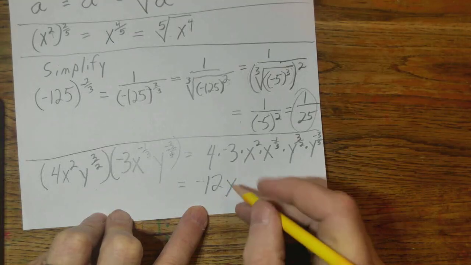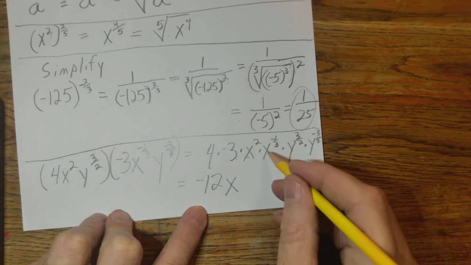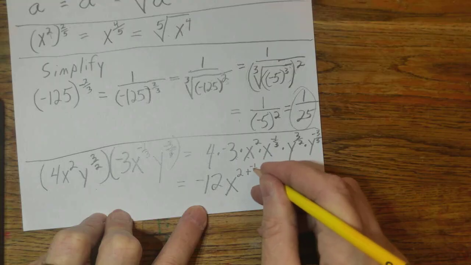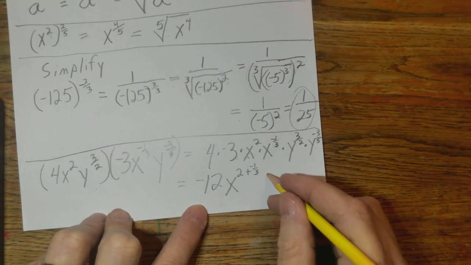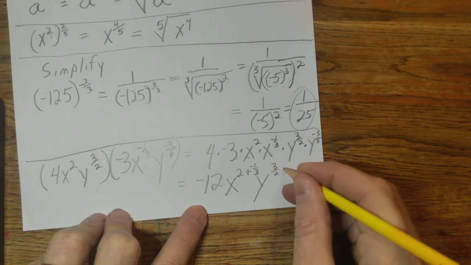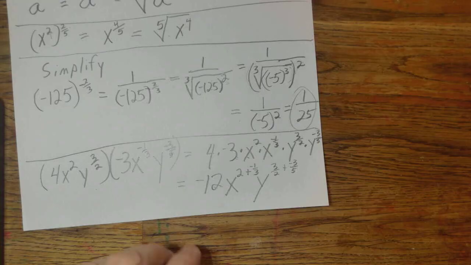Now, 4 times negative 3 is negative 12. I add 2 plus negative 1/3 here for the power of x, and I add 3/2 plus negative 3/5 for the power of y. All right.